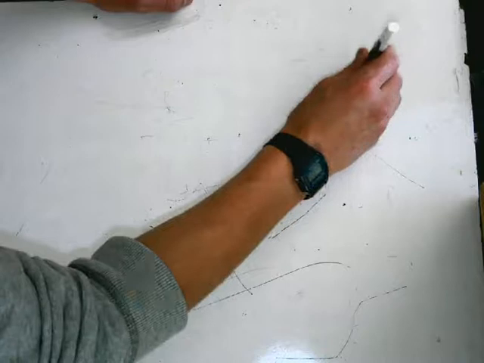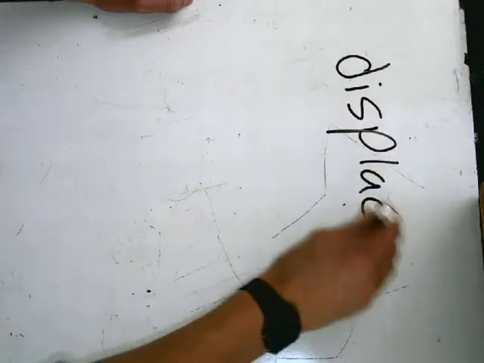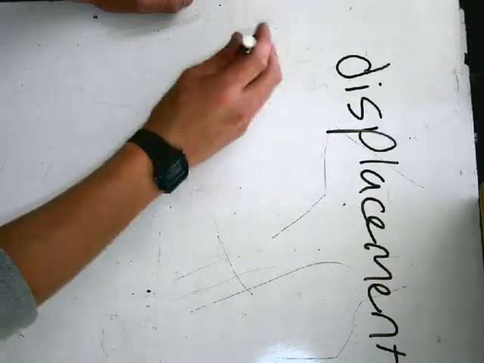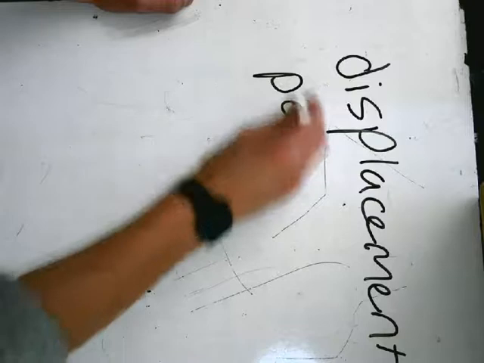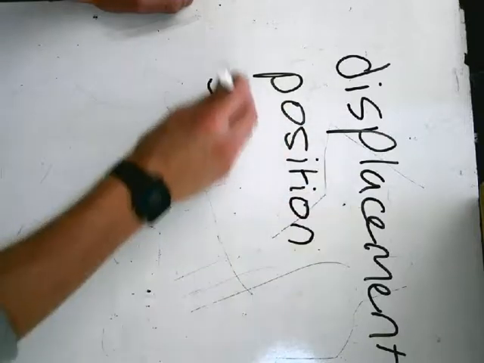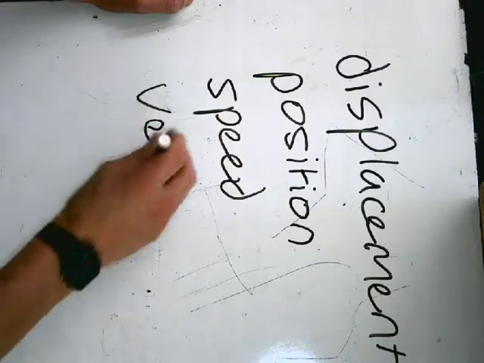Displacement, position, speed, and velocity. Displacement is a vector and it's how far and in what direction.